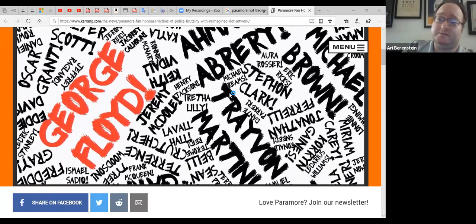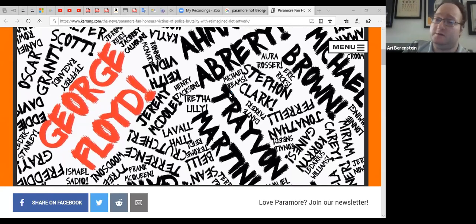You may have seen this image on social media, you may not have, but basically it's a takeoff of the album cover to the Riot album with George Floyd replacing the word riot and the names of many of the people of color, Black people who were unfairly treated by police, in many cases killed or murdered.